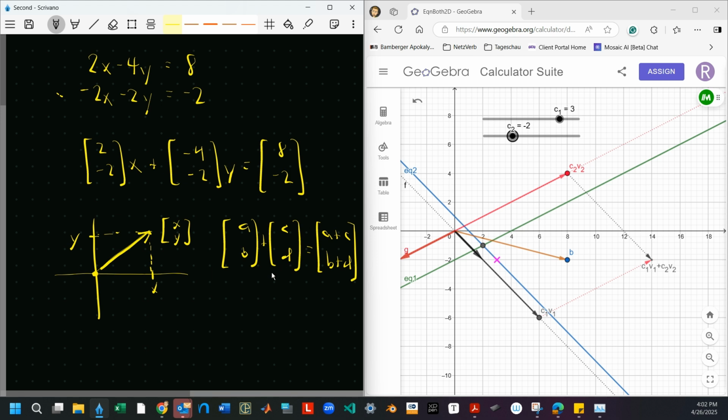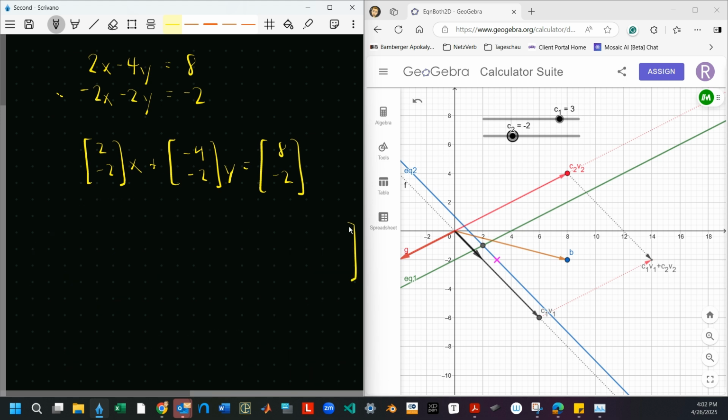So the upshot of all of this is we have two very different pictures of the same equation. In one case, I'm looking at this as two lines intersecting. In another case, I'm looking at this as trying to find some coefficients so that when I add those two vectors together, I get this vector.